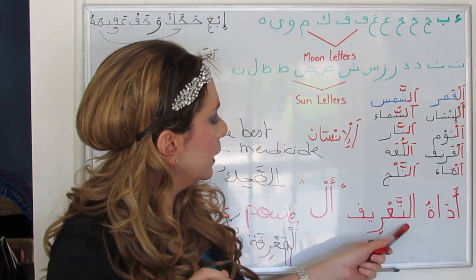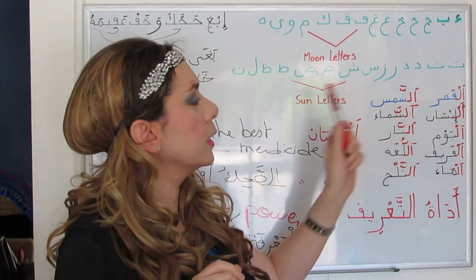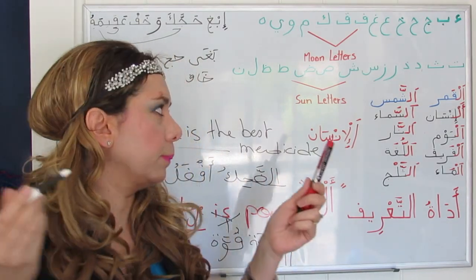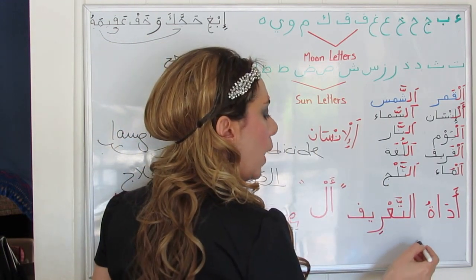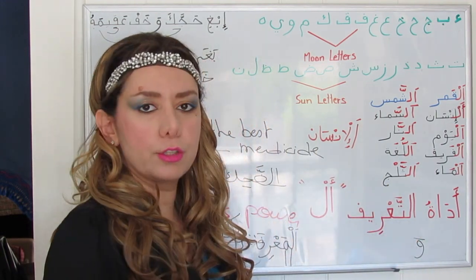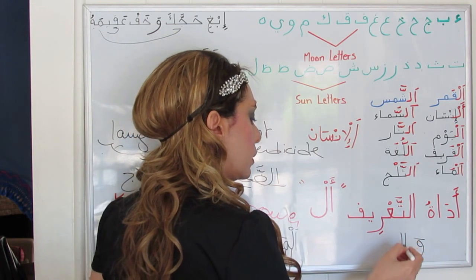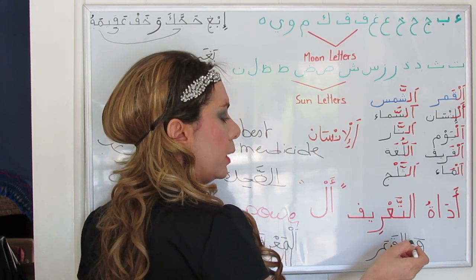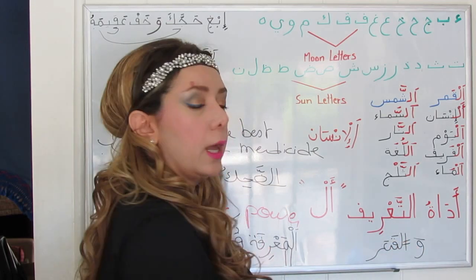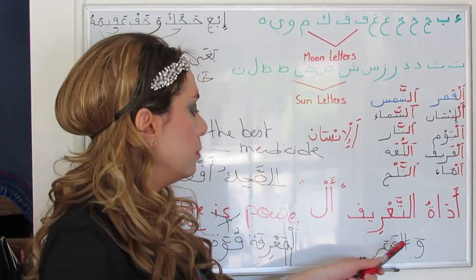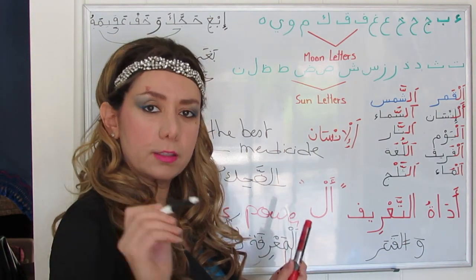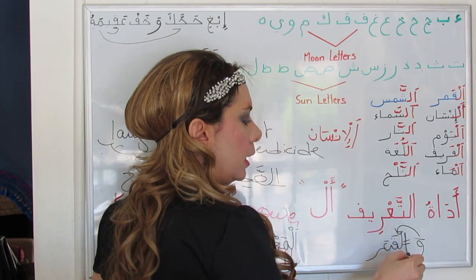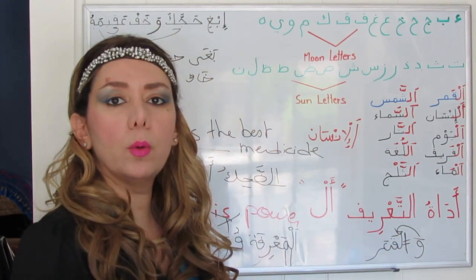But if, for example, the definite article for qamar or ash-shams is preceded by any word, for example wa, and the moon, wal qamar, here we will not pronounce the alif, the hamza of the definite article. We will jump right to the lam. So this alif will turn to the joining hamza.